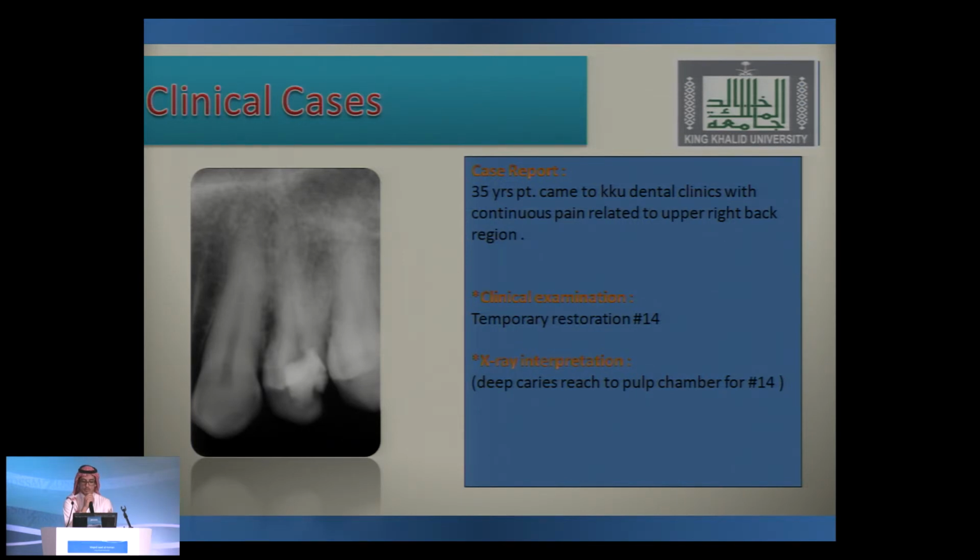The caries reach the pulp chamber. What is the meaning of temporary filling? This patient had already visited another dentist and then came to me. He said, I have pain. That means three possibilities: the previous doctor did a perforation, or there is an exacerbation of the pulp, or there is a missed canal.